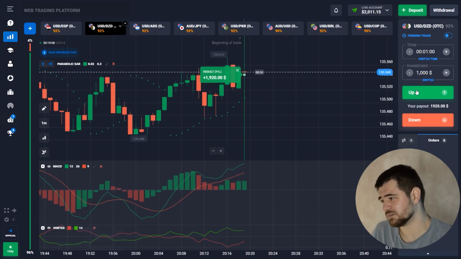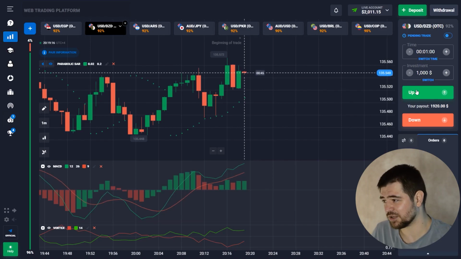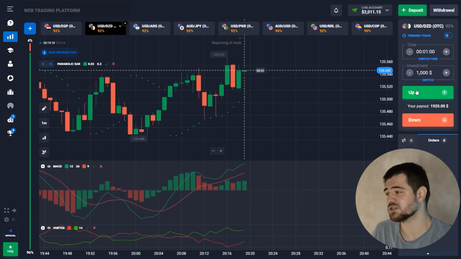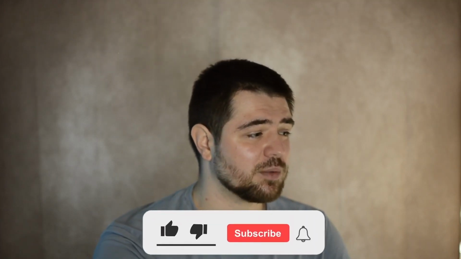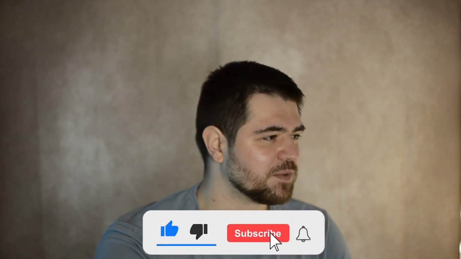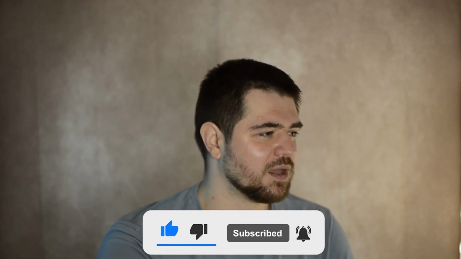SAR is pretty much working wonders. Here we have the support line at the bottom, the dotted line, and we are at the top. We are on the way going up, and actually it looks up as well. So it's a pretty decent triple indication for us.